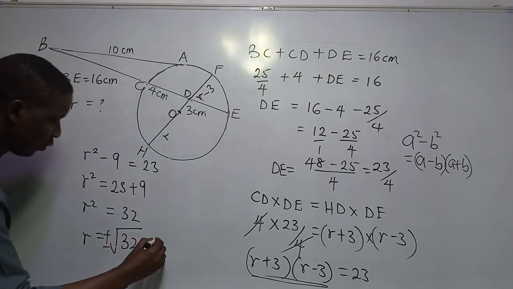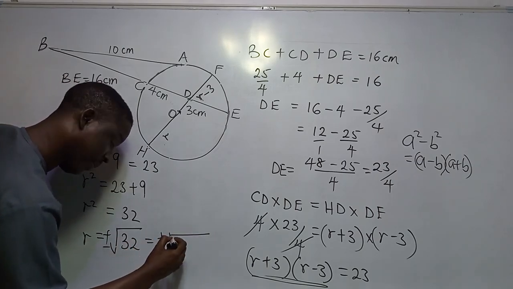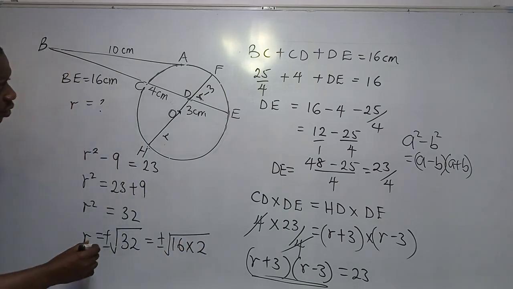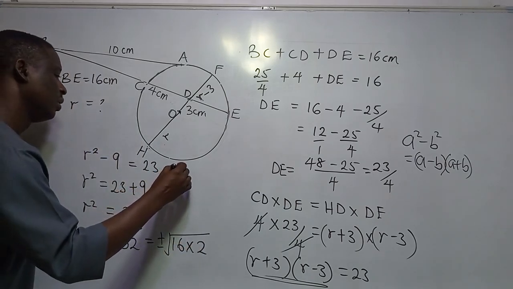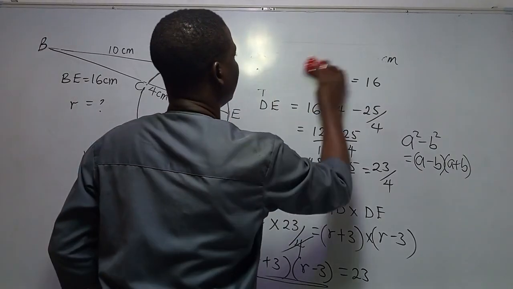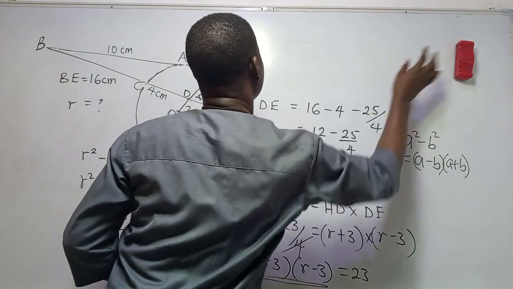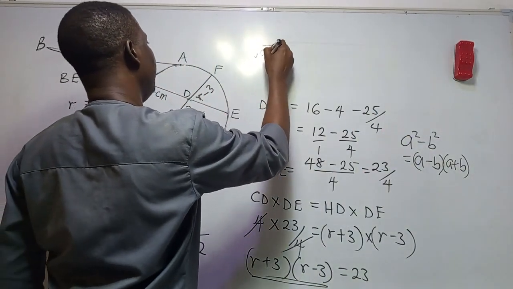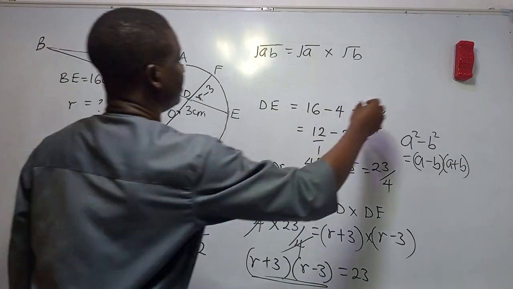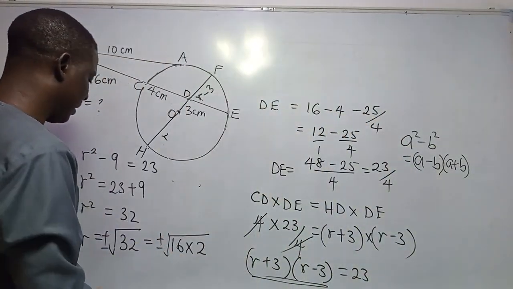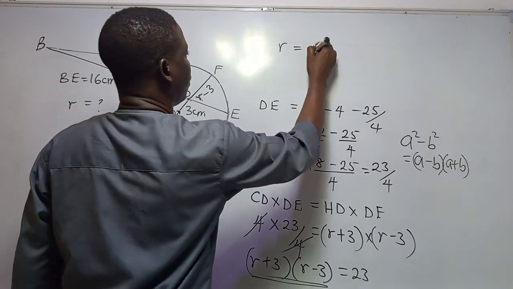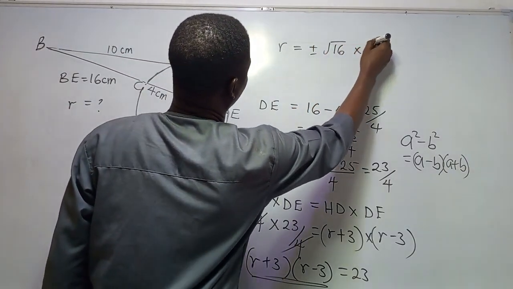According to surds, we know that root of A times B is the same thing as root A times root B. So we can write R as plus or minus root 16 times root 2.